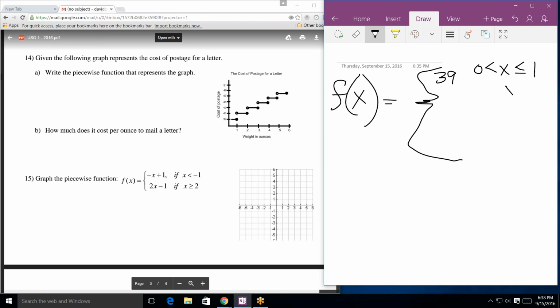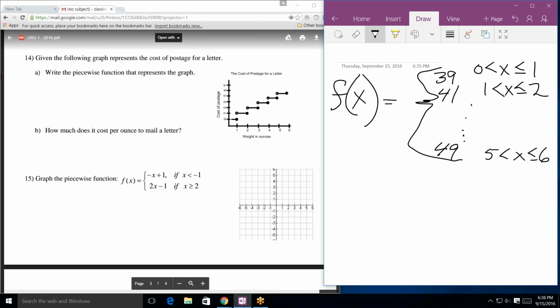And when x is greater than 1 and less than or equal to 2, what's y? 41. And so forth and so on until we get down to x is greater than 5 and less than or equal to 6, and that's 49. So you have all of those in between. I just don't want to take the time to write them all out.